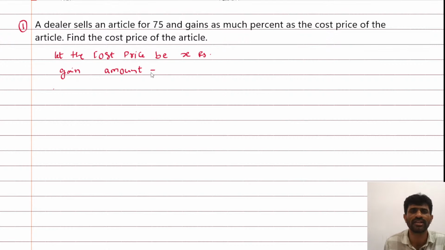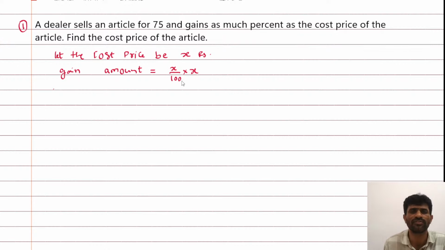Gain amount we calculate on cost price. This can be calculated as cost price by 100 into cost price.